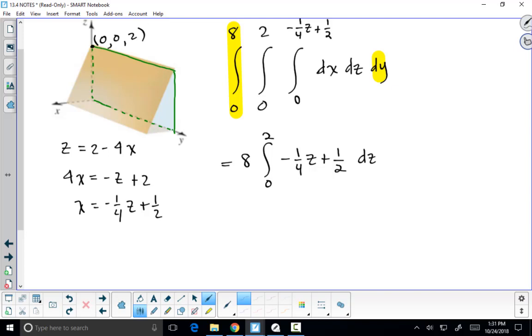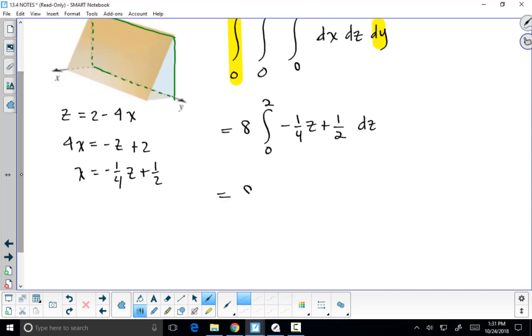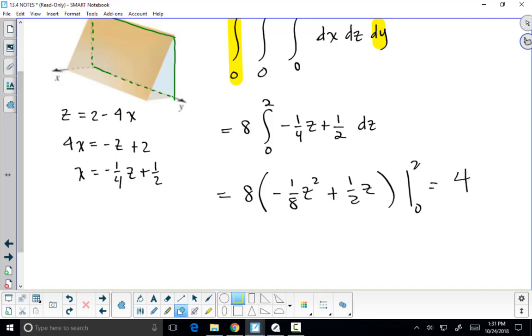Then we integrate that with respect to z, to 2. So we're going to have negative 1/2 plus 1, which is 1/2, times 8, which is 4.